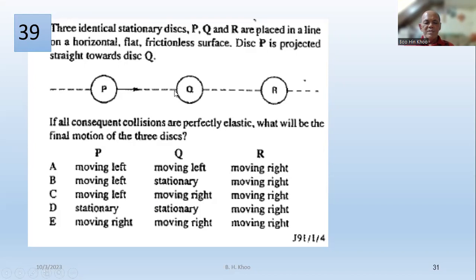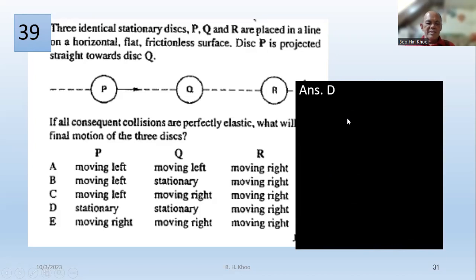Q will be moving to the right. After that, it will stop. Then it transfers its velocity to R. R will move to the right. The answer is stationary, stationary, final. We want the final, not that it's moving. It finally becomes stationary.